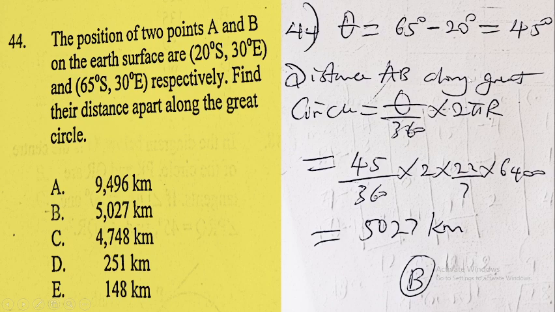Then the distance along the great circle is theta over 360 times 2 pi r, where pi is 22 over 7, r is the radius of the Earth, which is 6,400 kilometers, and theta is the angular distance we have gotten here. Substituting, we have 45 over 360 times 2 times 22 over 7 times 6,400 kilometers. Simplifying that further gives us 5,027 kilometers. So option B is the correct option there.